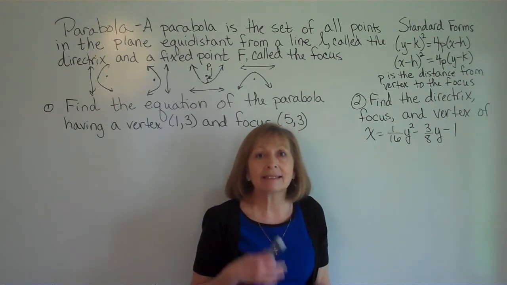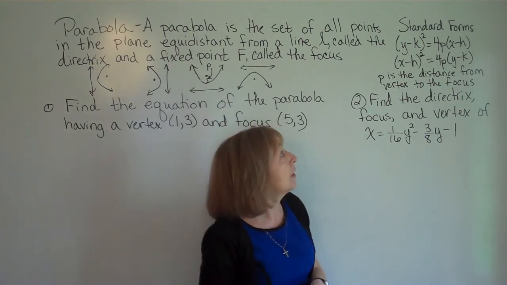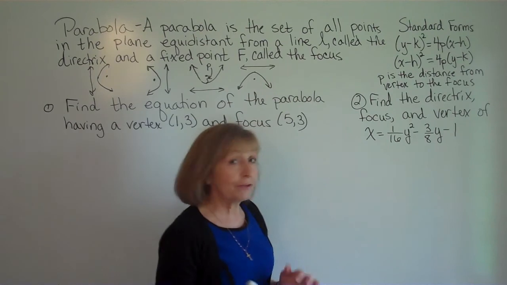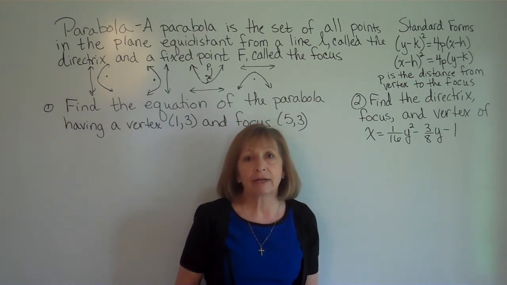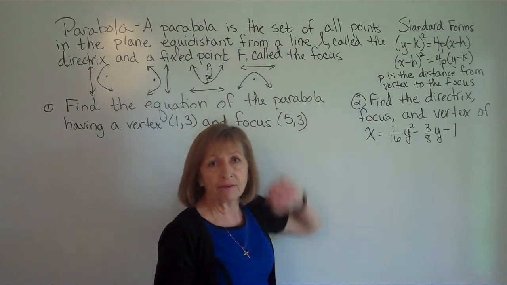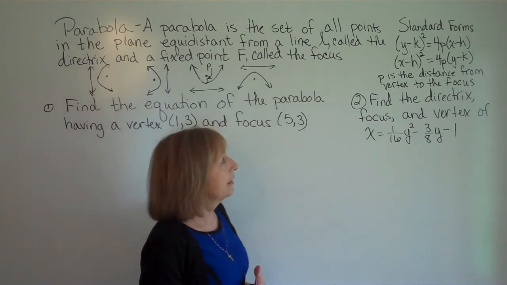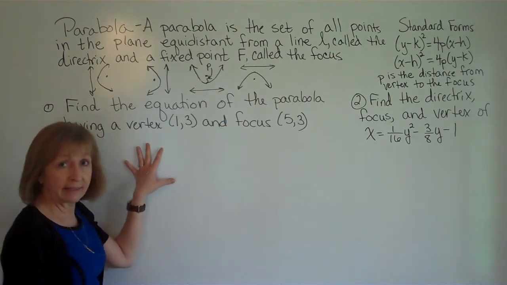And your vertex is the h comma k that you're comfortable with from when we looked at parabolas before. Now, if your parabola is a vertex at the origin, then your h and your k are 0. So you would get then the specific forms of it at the origin just by having h and k both 0. So let's look at this idea along with those formulas and do these examples.